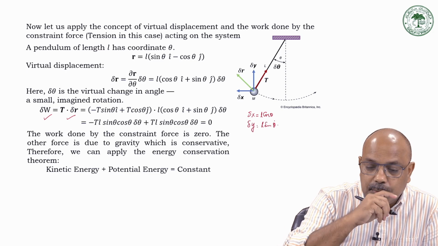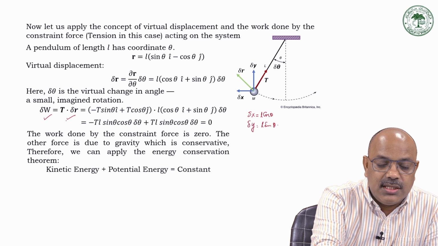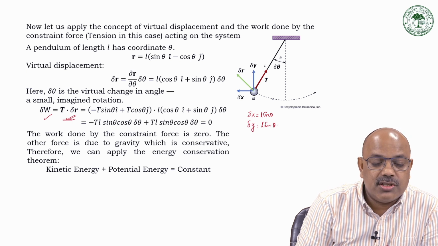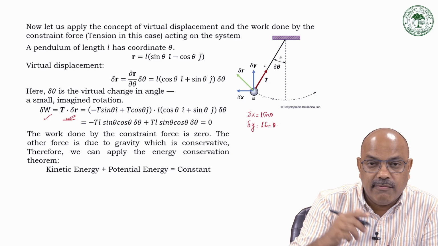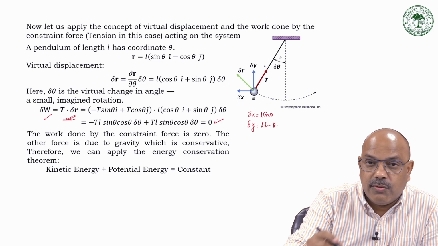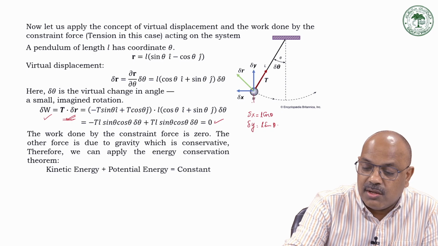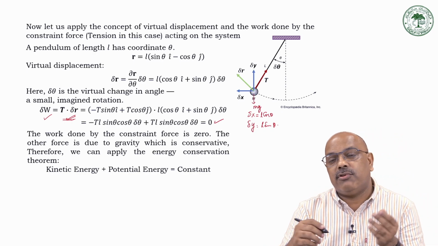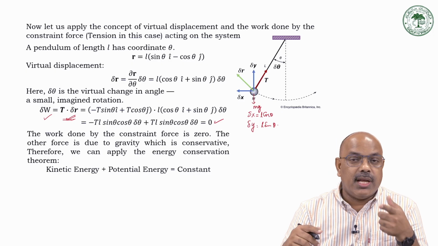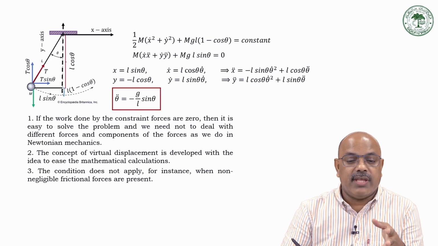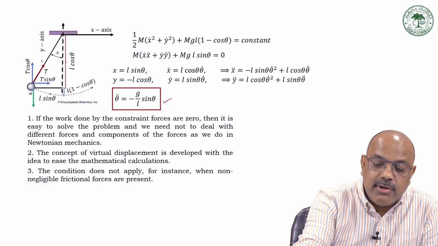So T dot dr, the work done by the tension force in virtual displacement, is 0. Then the only other force is mg, and because the gravitational force is a conservative force, we can apply conservation of energy and on that basis calculate the same differential equation.